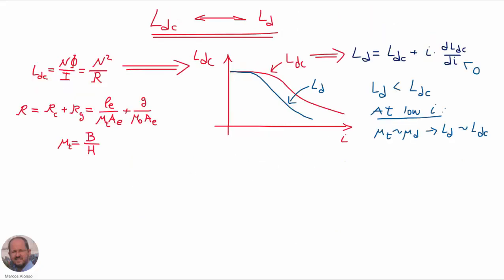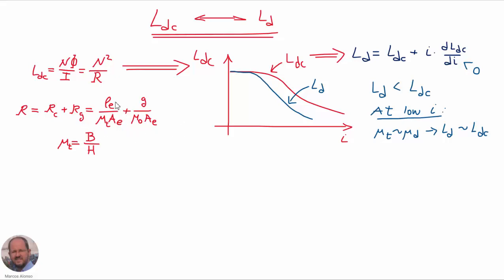Now let's see the process to obtain the differential inductance of an inductor. First, as we have seen before, we can obtain the DC inductance using this expression here. At the end it is going to be the number of turns squared divided by the reluctance. And because this is the inductance at the DC operating point, the reluctances are going to be obtained like this.